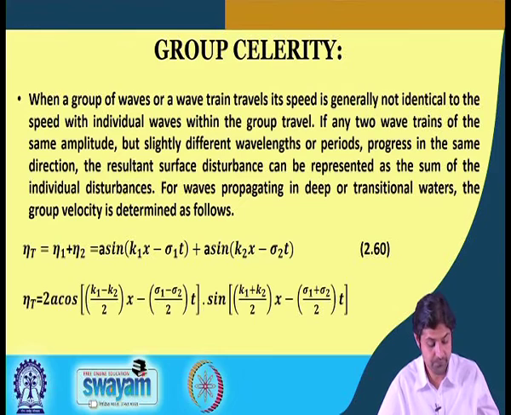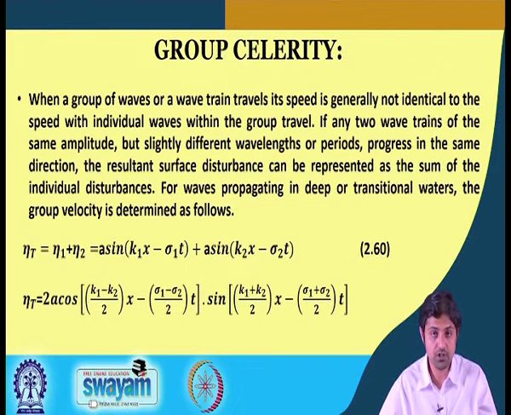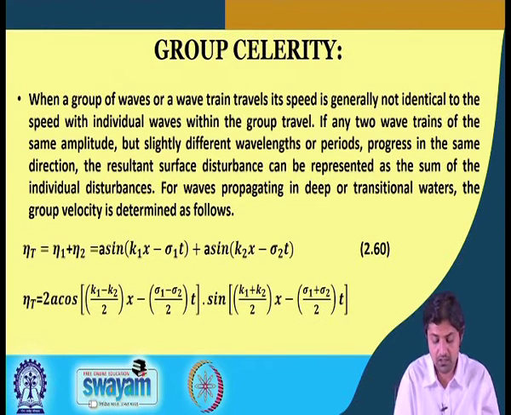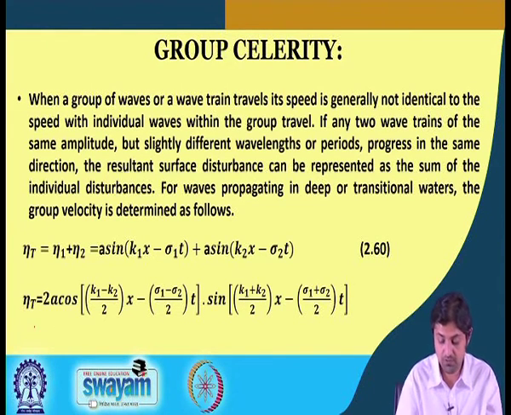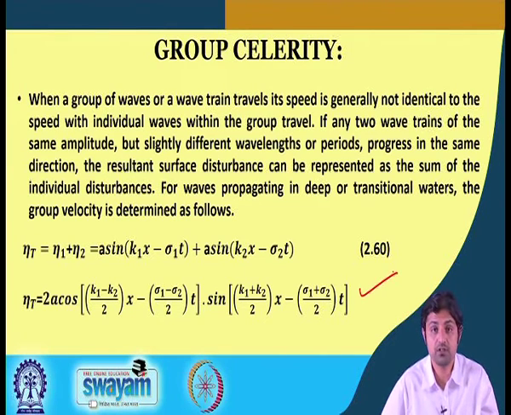So, using trigonometry, we write it as 2a cos of k 1 minus k 2 by 2 x minus sigma 1 minus sigma 2 by 2 t, times sine of k 1 plus k 2 by 2 x minus sigma 1 plus sigma 2 by 2 t. This is what we get using trigonometry.